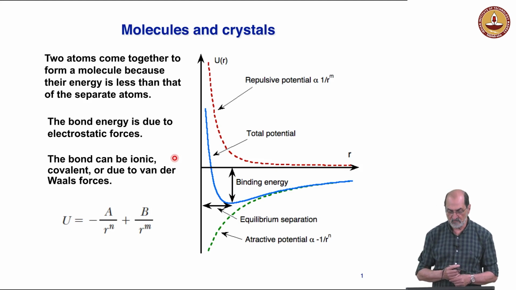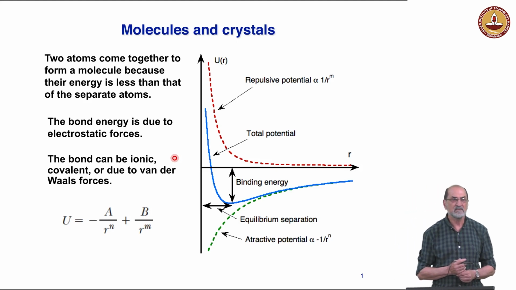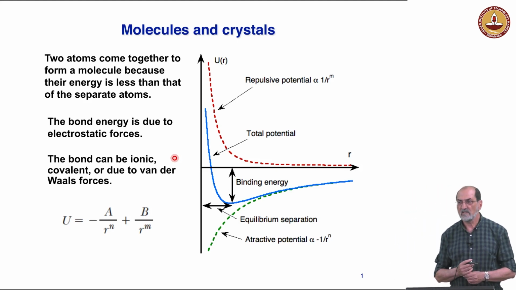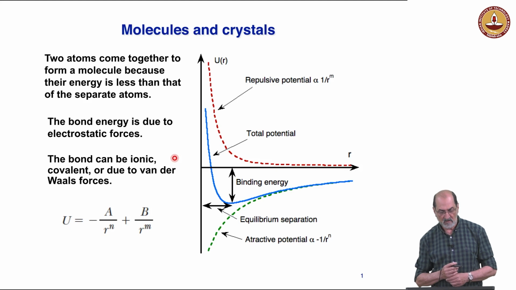So we have two possible wave functions, and one of them, which is called the bonding state, has a total energy which is lower. So in that way we can reduce the total energy of the system.